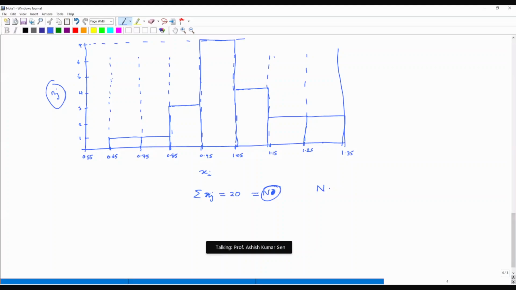Now, if n tends to infinity, that means you collect a very large amount of data, you will find that this histogram eventually will turn into a curve which would look something like that. And such a curve is known as the normal distribution curve.